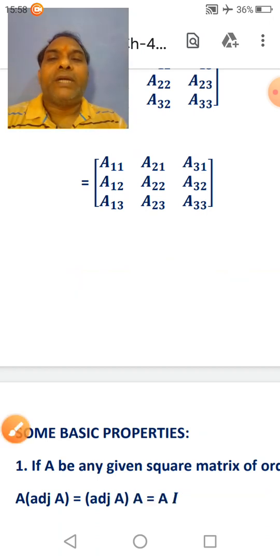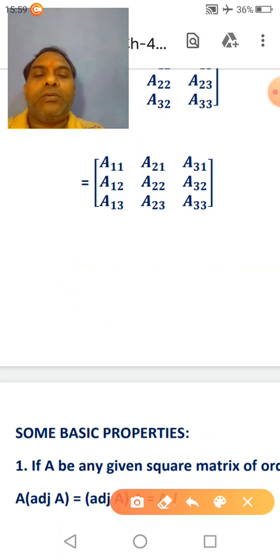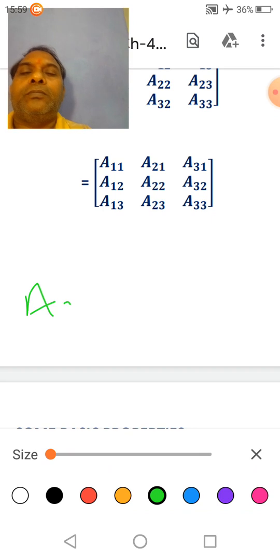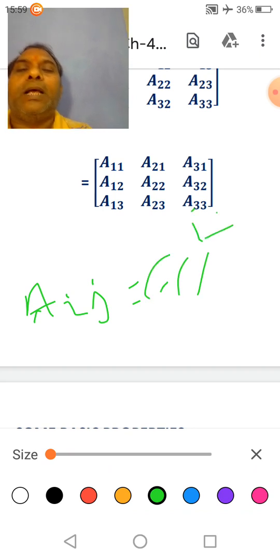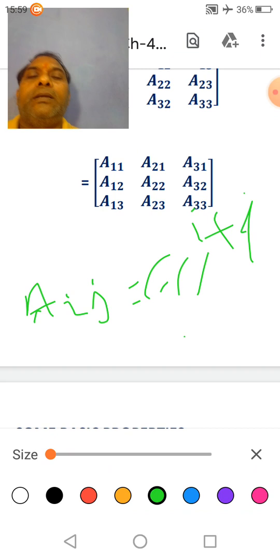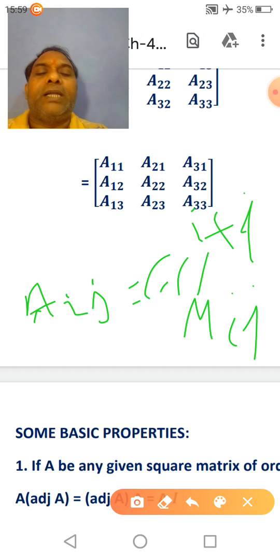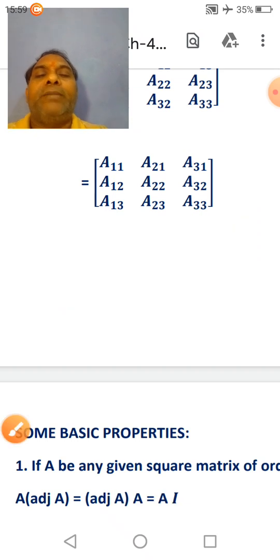It means the cofactor of the ith row and jth column, capital Aij, equals minus 1 to the power i plus j into Mij. You know it. You can find all the cofactors of all the elements.